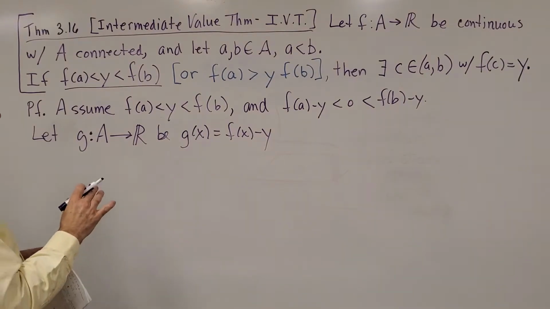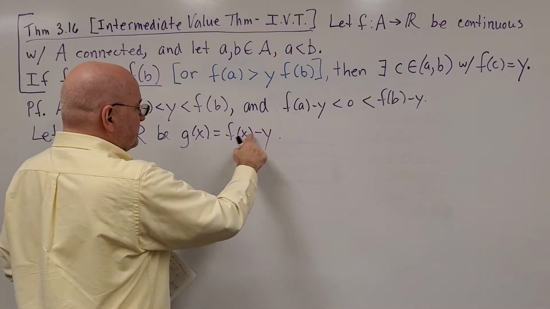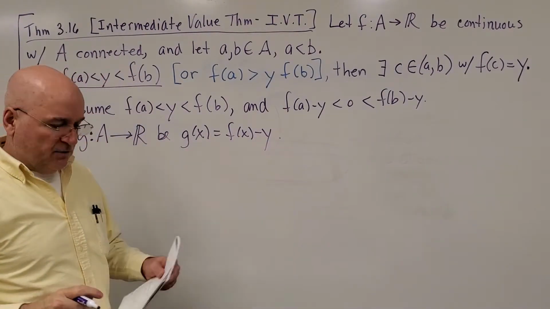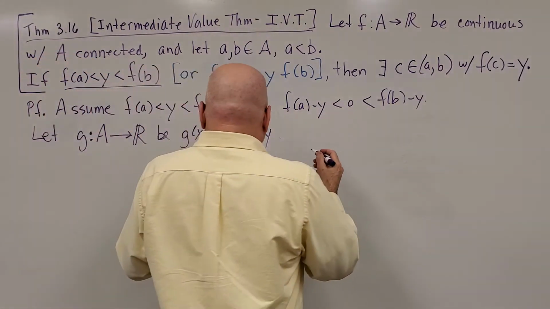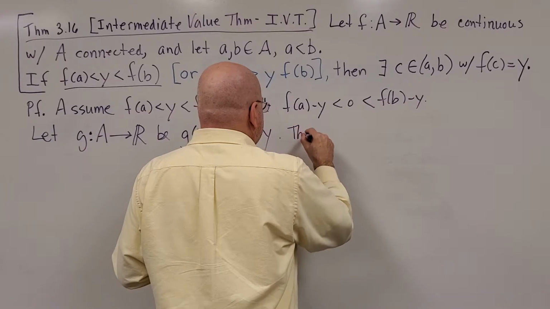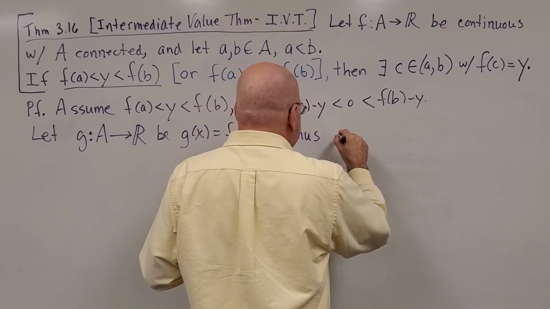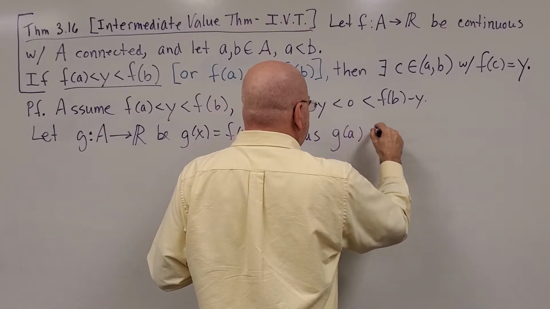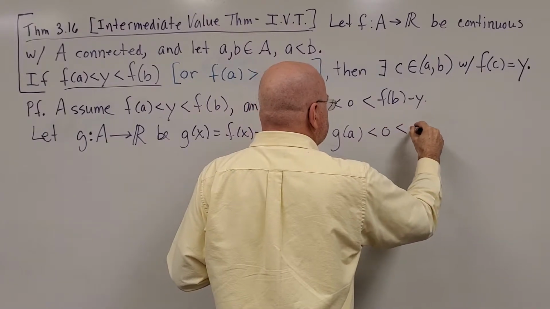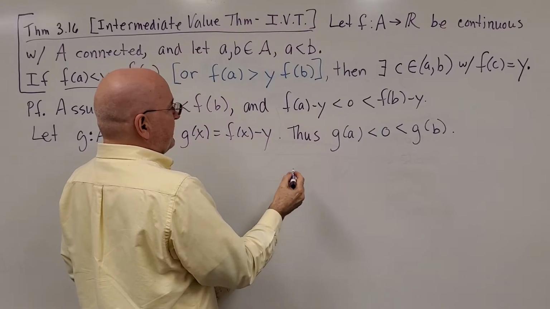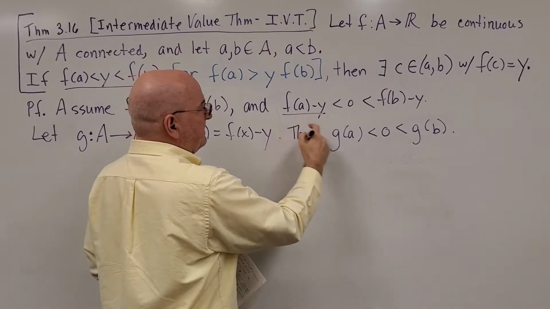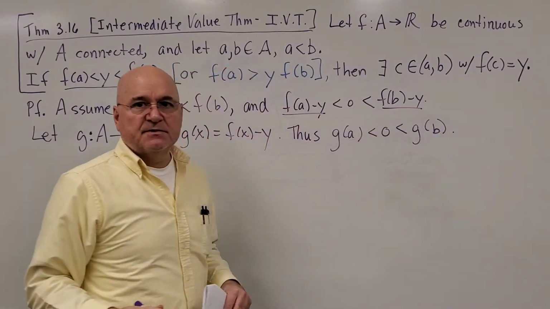And as I mentioned already, g is continuous here because it's the difference of two continuous functions. Thus, we get g of a less than 0 less than g of b. That's just substitution. This is just g of a, and that is just g of b.